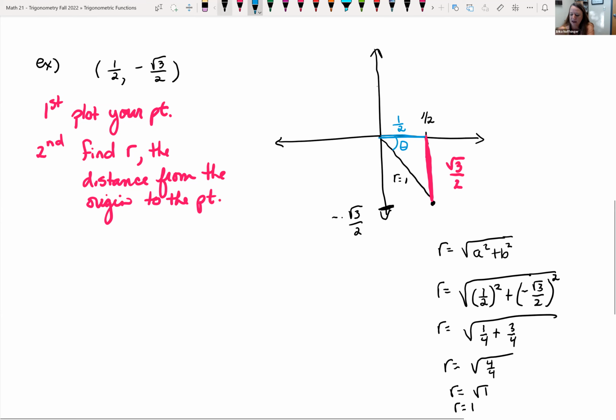Okay, so looking at our trigonometric functions, we know sine theta. We have to think about whether, in this fourth quadrant, it is positive or negative. Well, sine is negative in the fourth quadrant, so we're going to put a minus. It's the opposite side, which is √3/2, divided by r, which is 1. So we get negative √3/2 as sine theta.